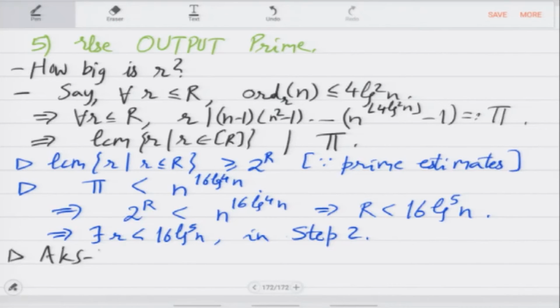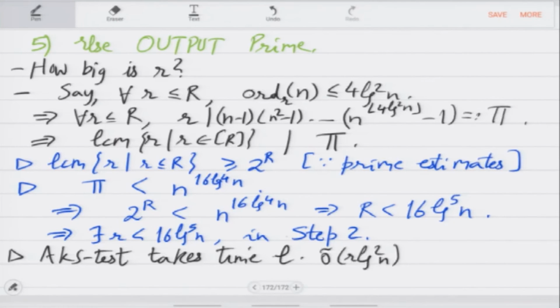So the AKS test takes time. The number of times you will test is L times Õ(r log² n), because the degree of this modulus is r. So r log² n is the time for one test, so you get L times this. L again is around square root r log n, right?